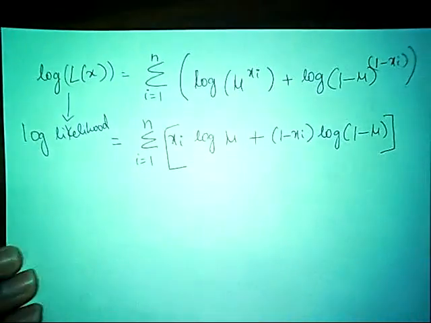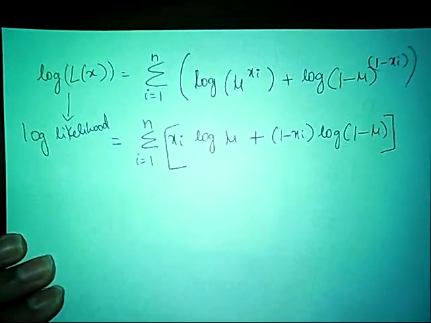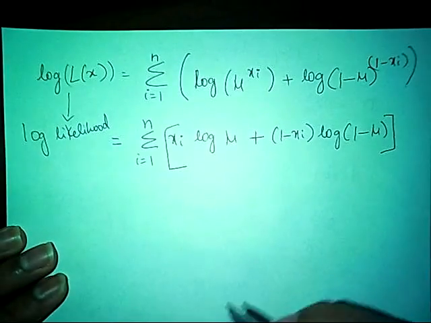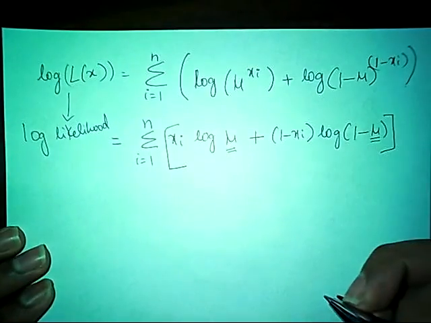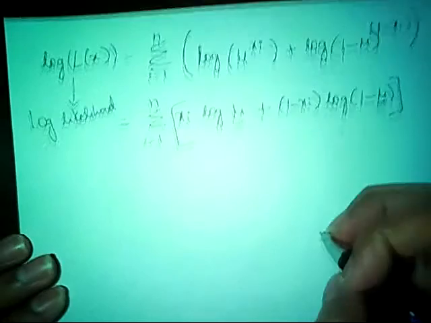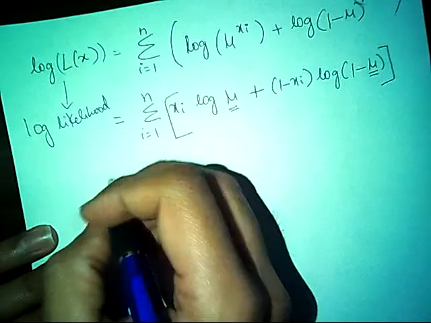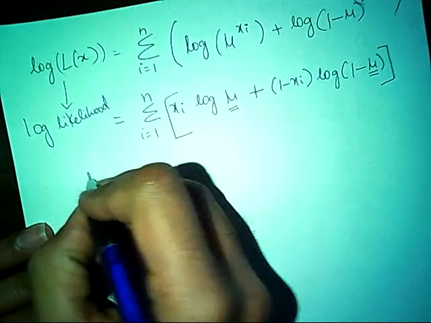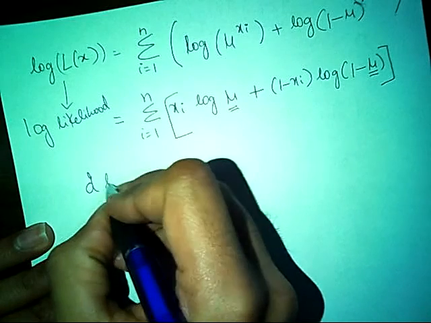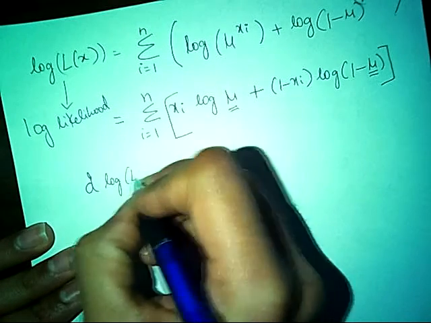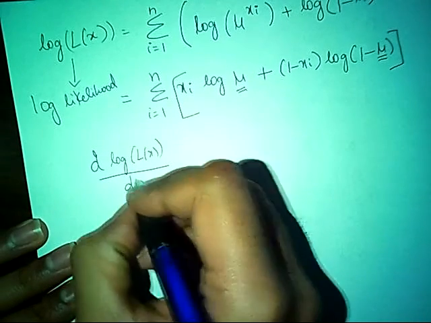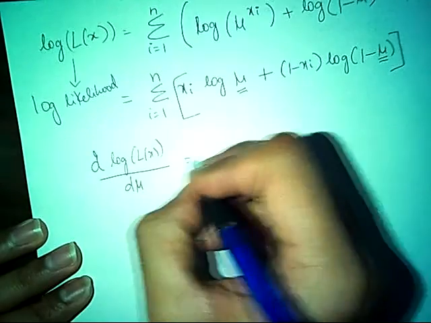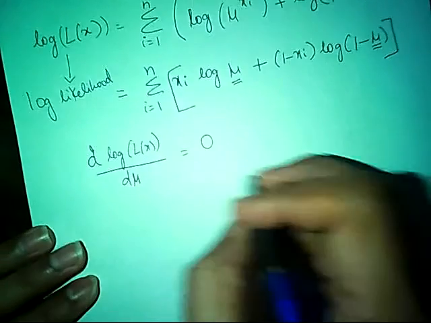So one way to maximize it is to take the derivative of the log likelihood with respect to the parameter that we want to choose and then setting it to 0. So we are going to do that now. We are going to do differentiation of log of likelihood function over the parameter, and we are going to set it to 0.